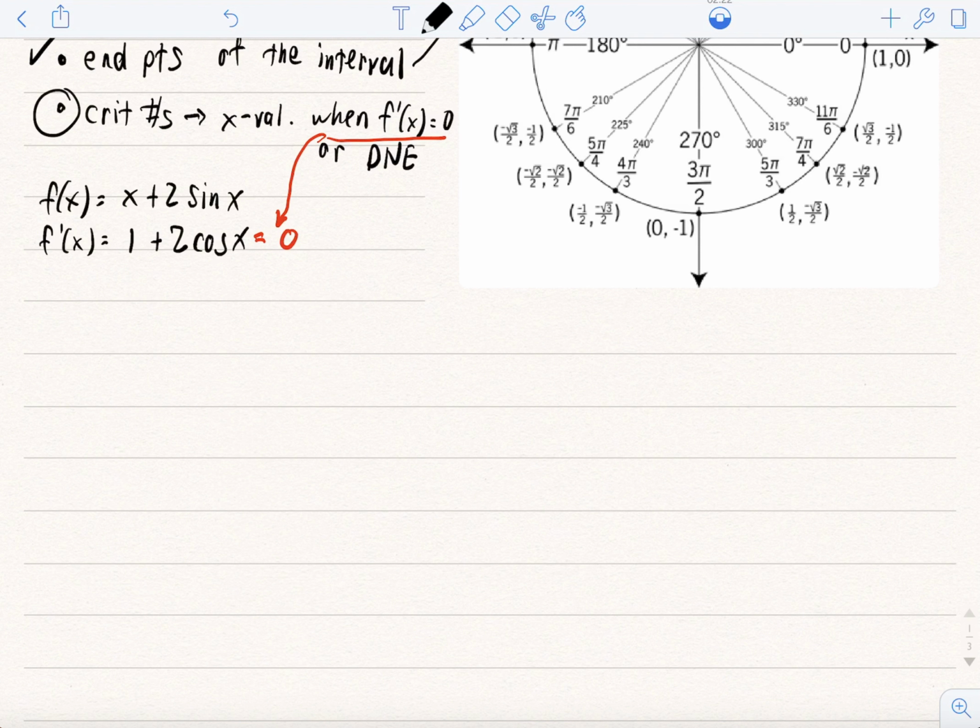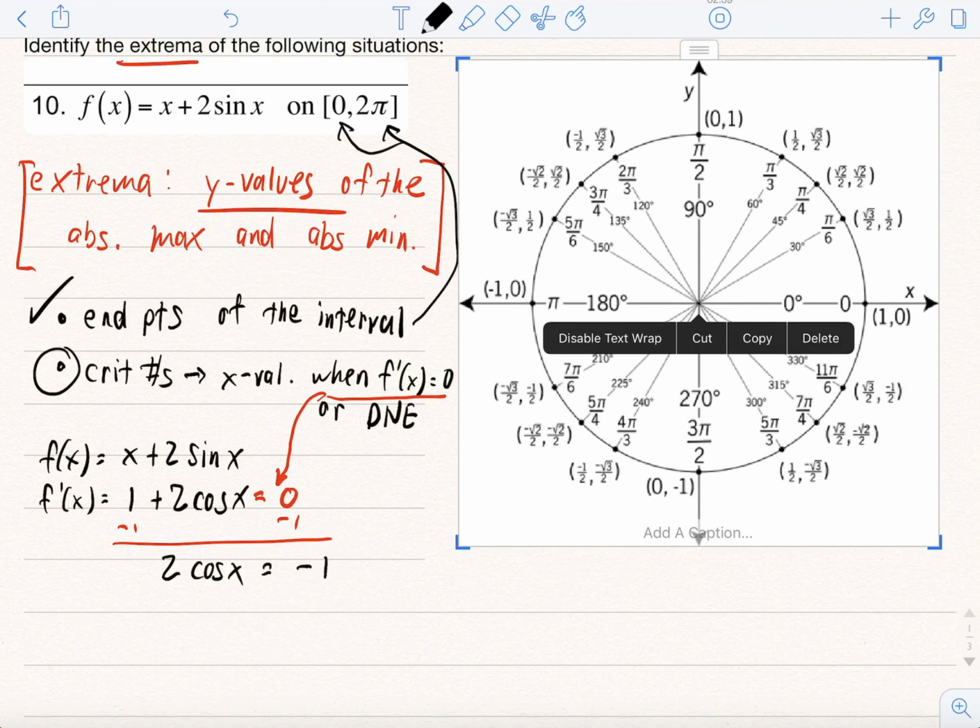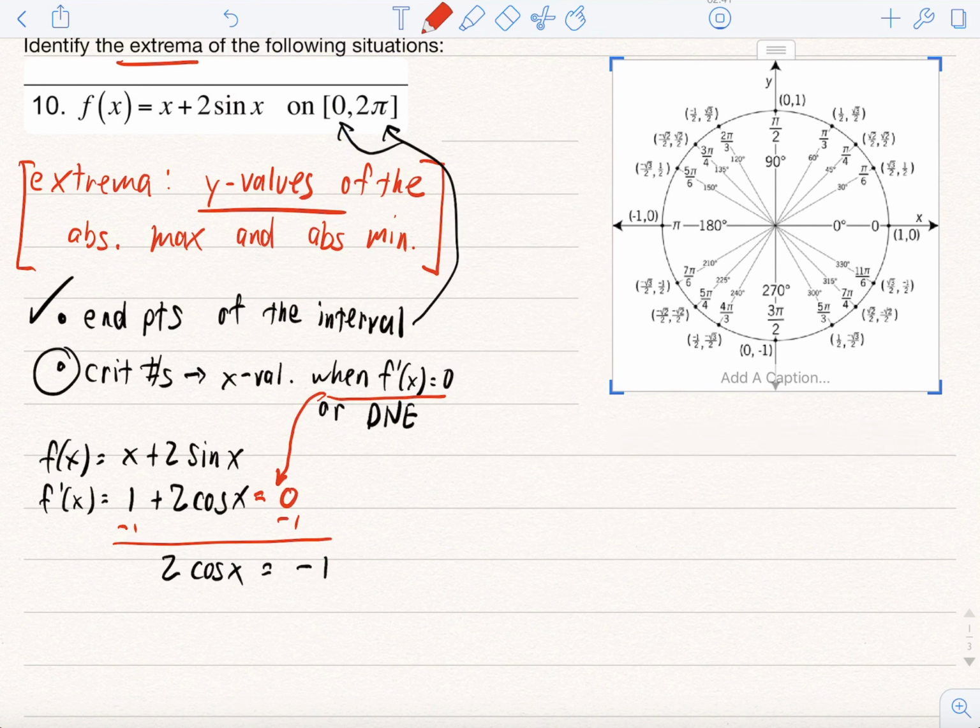So how do we solve 1 plus 2 cosine x equals 0? I want to isolate my cosine x. First I'm going to subtract 1 from both sides to get 2 cosine x is equal to negative 1.